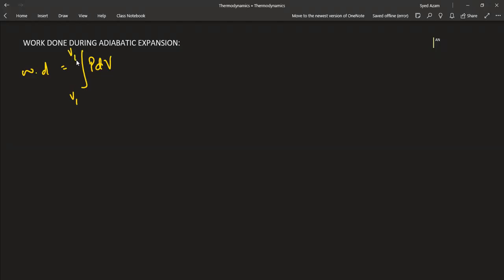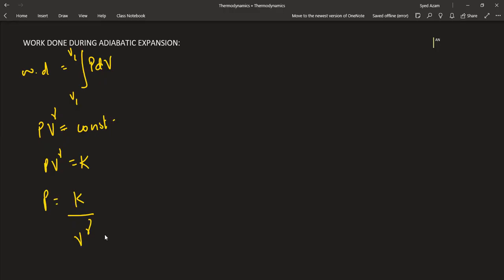This is the formula of work done. Now, since we are using adiabatic process, we know PV to the power gamma is constant. I cannot write constant all the time, so I'll just put a K. PV to the power gamma is K. That is constant. So what is pressure from here? Pressure will be K divided by V to the power gamma, right?